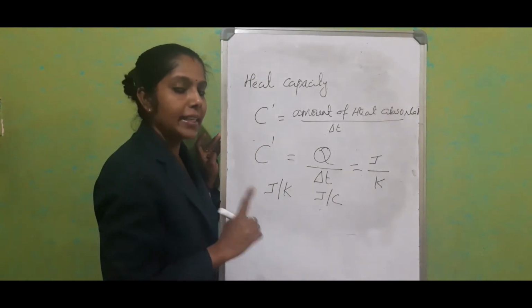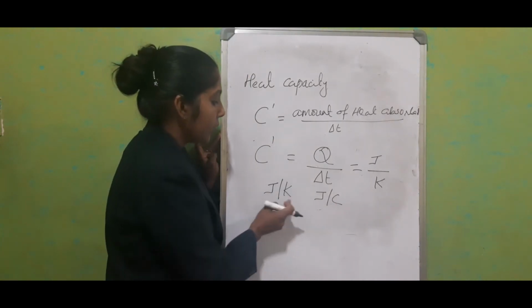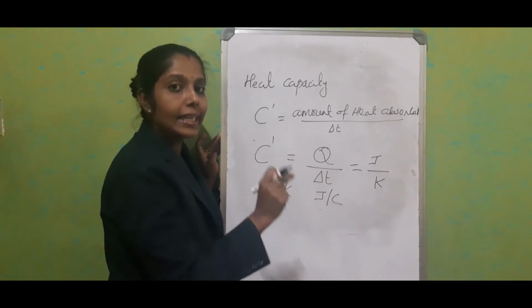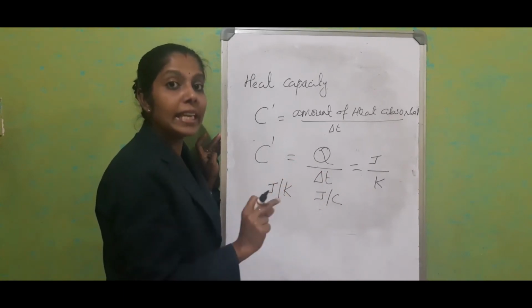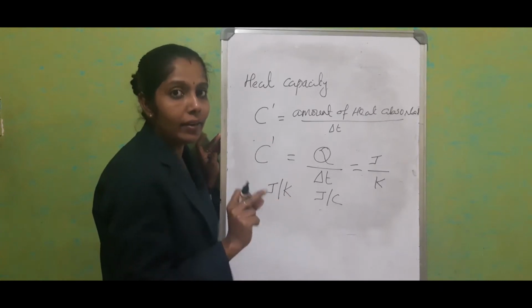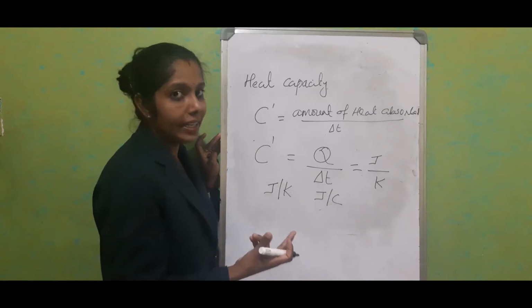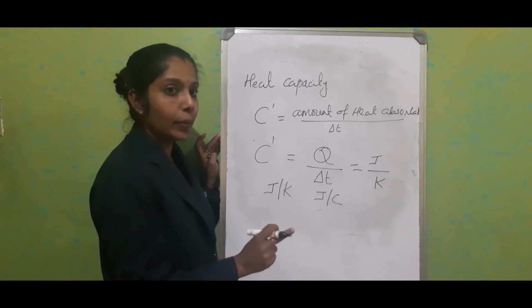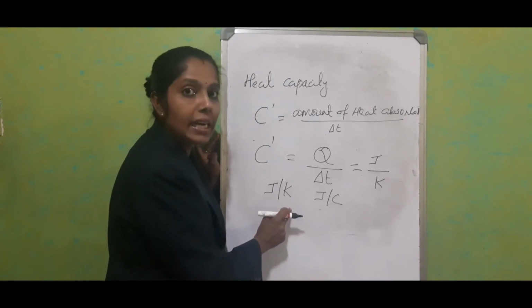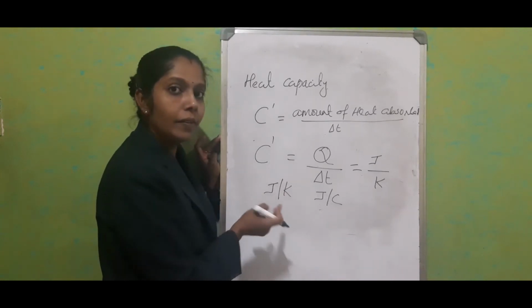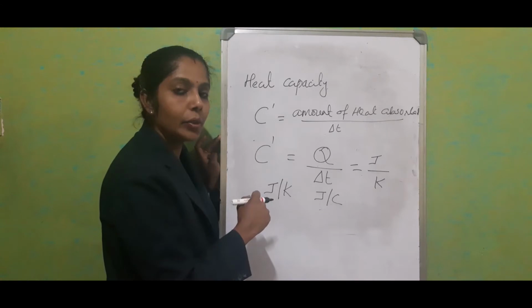In the last video I mentioned that we can use Kelvin or Celsius for change in temperature, because the difference between each division is 1 Kelvin or 1 degree Celsius. That change in temperature is equal, so we can represent it as either Kelvin or Celsius. Or instead of joule, we studied one more unit, the calorie.